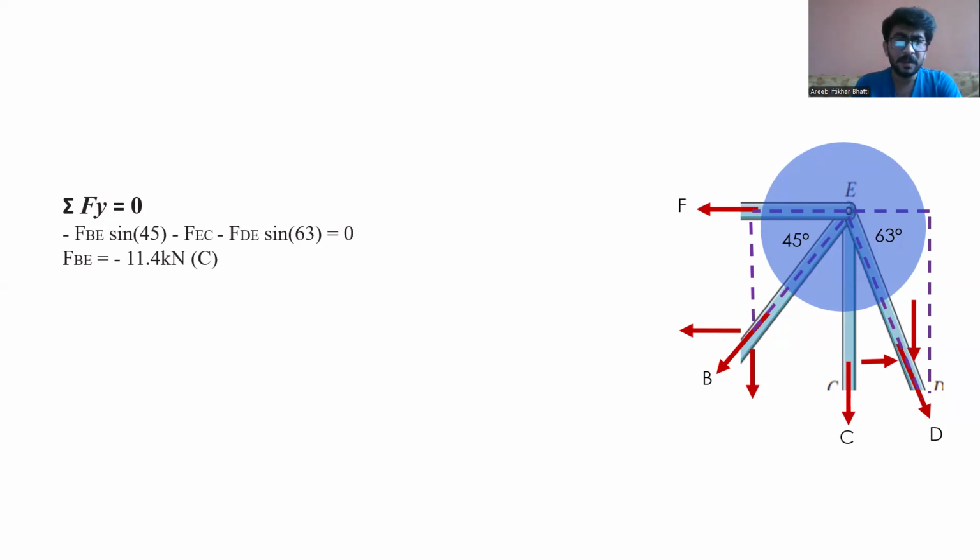So we get force in the member BE, which is equal to minus 11.4 kilonewton. You see this member is in compression.